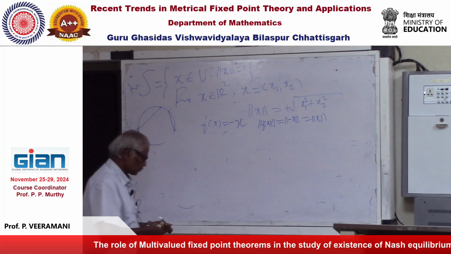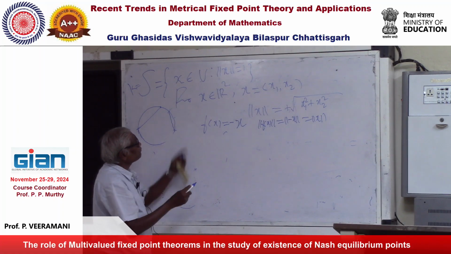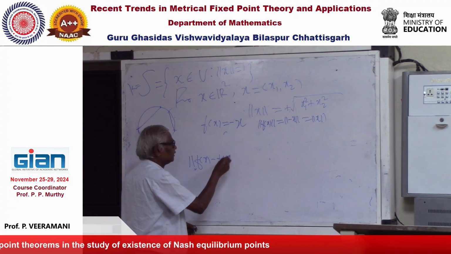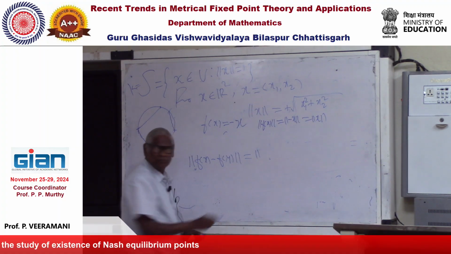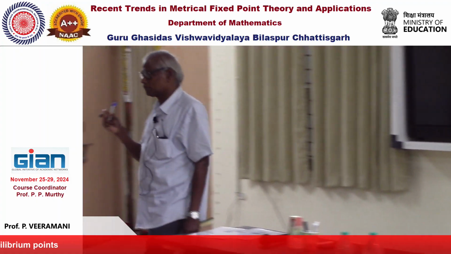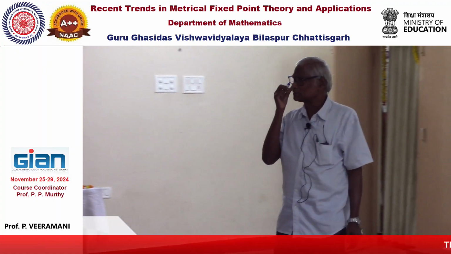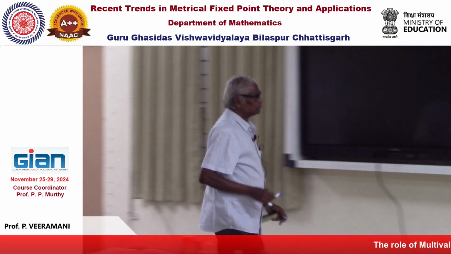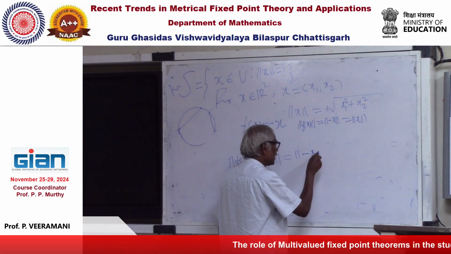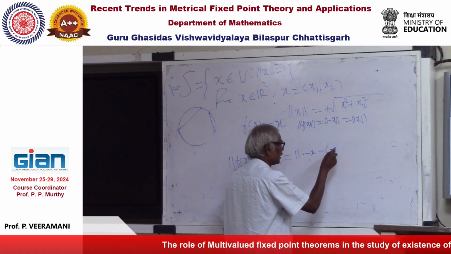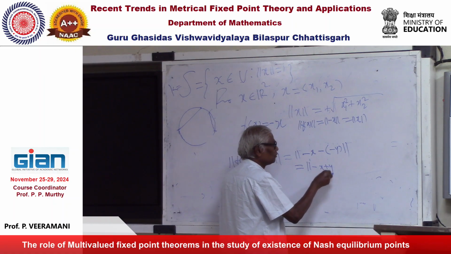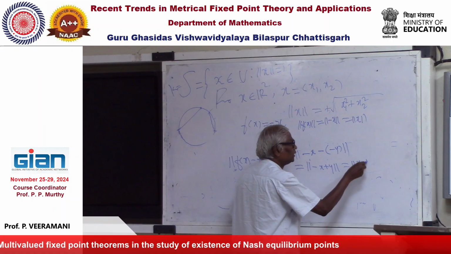In fact, f from R2 to R2: the norm of f x minus f y, where the norm is the positive root, the Euclidean norm, so for x equal to the ordered pair x1, x2 the norm of x is the root of x1 squared plus x2 squared. So f x minus f y equals minus x plus y, that is the same as the norm of x minus y.